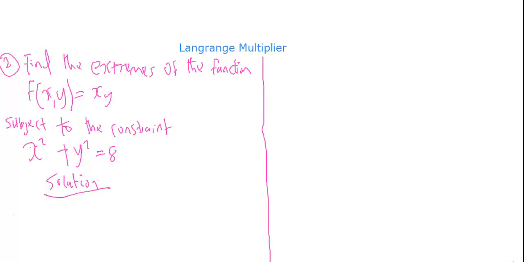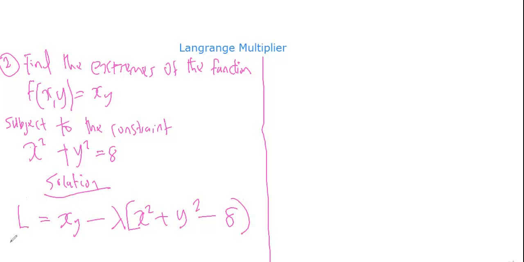Remember, we first of all form the composite function. We have L equal to the objective function, which is xy, and then minus the usual lambda that will always multiply the constraint, and we know the constraint to be x squared plus y squared, and then minus 8, which is the constant.